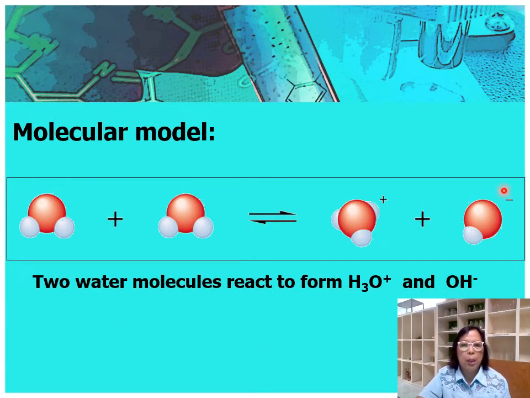So we have here a molecular model showing to you two water molecules. So you have here water, the oxygen, the two hydrogens. This is another group of water. So the theoretical union of the two will yield the H3O, giving an extra H plus, and then you have here the hydroxyl group.